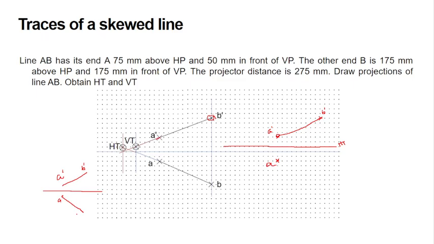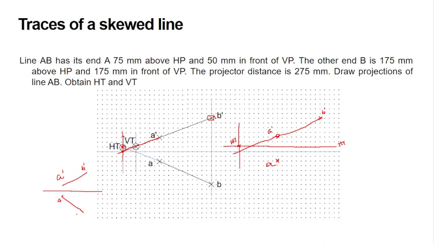If we extend A dash B dash, it is going to intersect here. From the intersection we draw a vertical line, and this vertical line is going to contain HT. So let us do the same. We extend it here. We got the intersection here. From the intersection we draw the vertical line, and here you can say that this is going to be HT, correct?